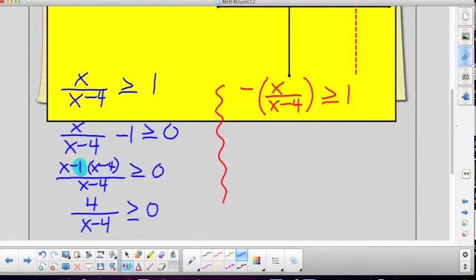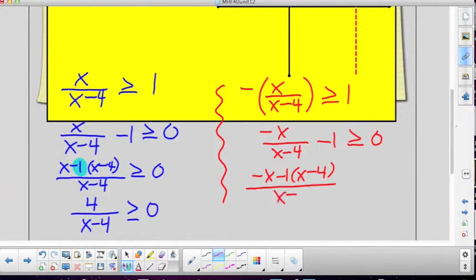If I solve the negative case, I would have negative x over x minus 4 minus 1 is greater than or equal to 0. That means that negative x minus 1 times x minus 4 over x minus 4 is greater than or equal to 0.